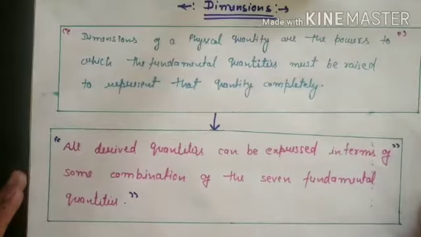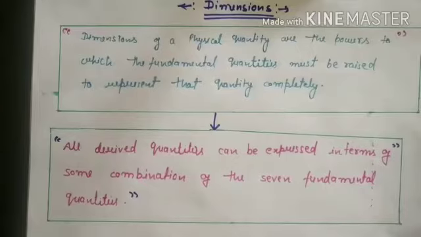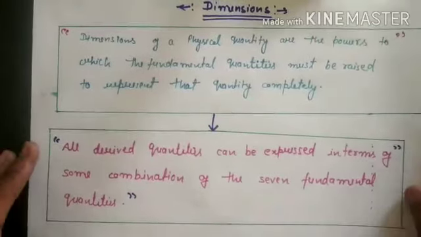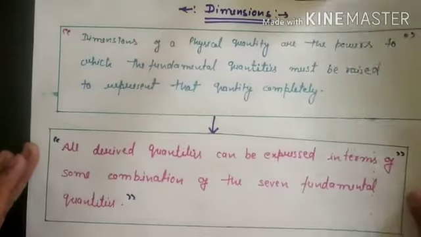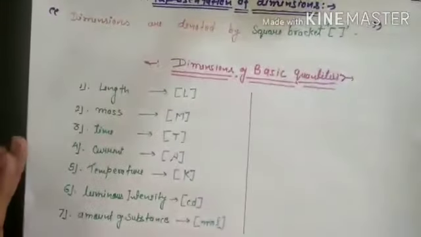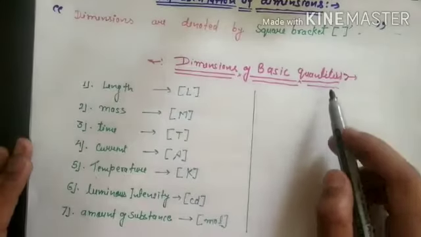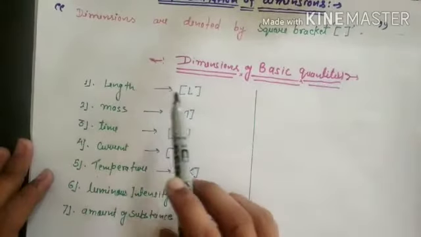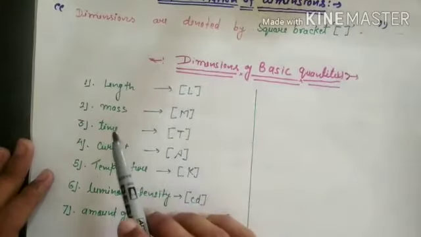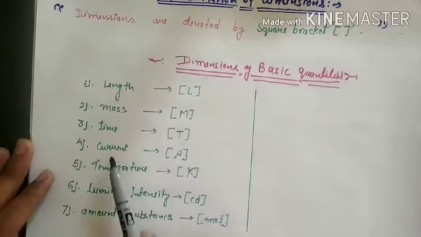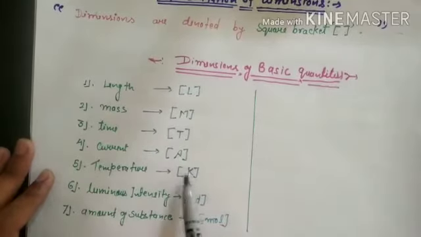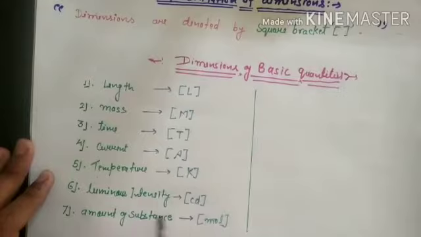So clearly, we have to see the dimensions of basic physical quantities first, then we'll go for the derived physical quantity. Here we have dimensions of basic physical quantities: length L, mass M, time T, current A, temperature K, luminous intensity CD, amount of substance mole.